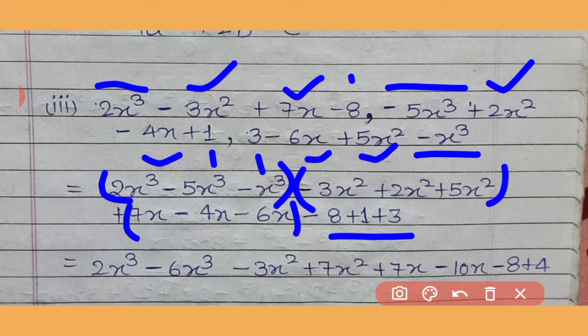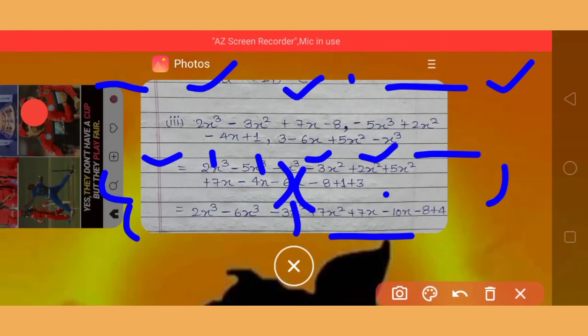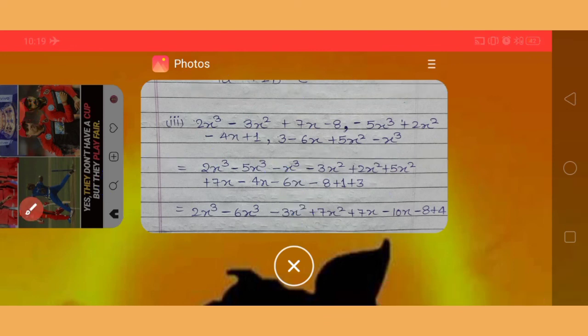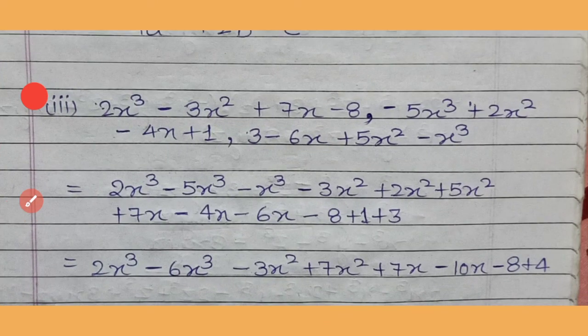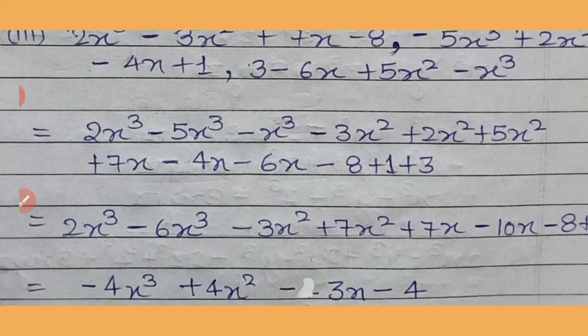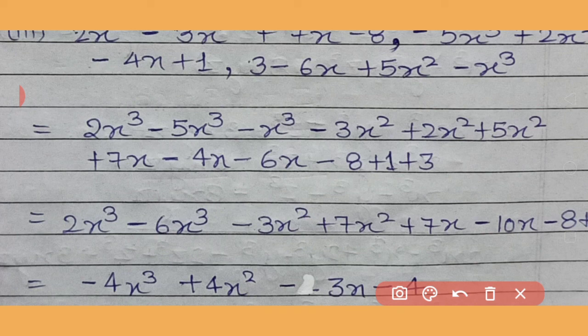Now the like terms which are able to add will add, and the rest will subtract. See here in the next line, minus 5x cube and minus x cube have the same sign, so they will add, giving minus 6x cube.